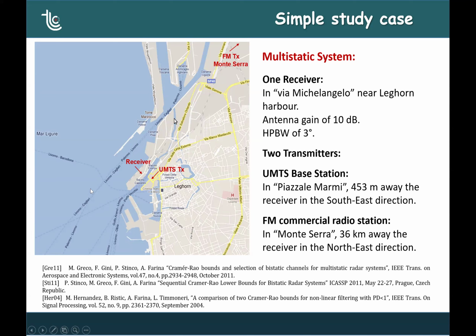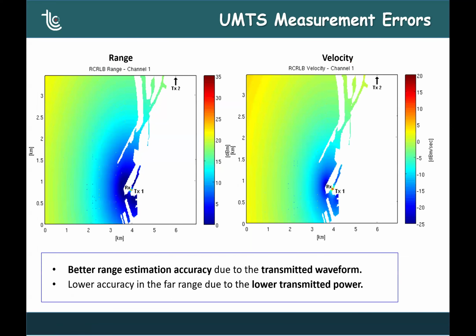But you can see there is also another line here on the upper part of the plot, where the target is closer to the baseline between the receiver and the FM station. So depending on the different trajectory, we can have a better channel. UMTS could be better, or the FM could be better, at least in terms of geometry.